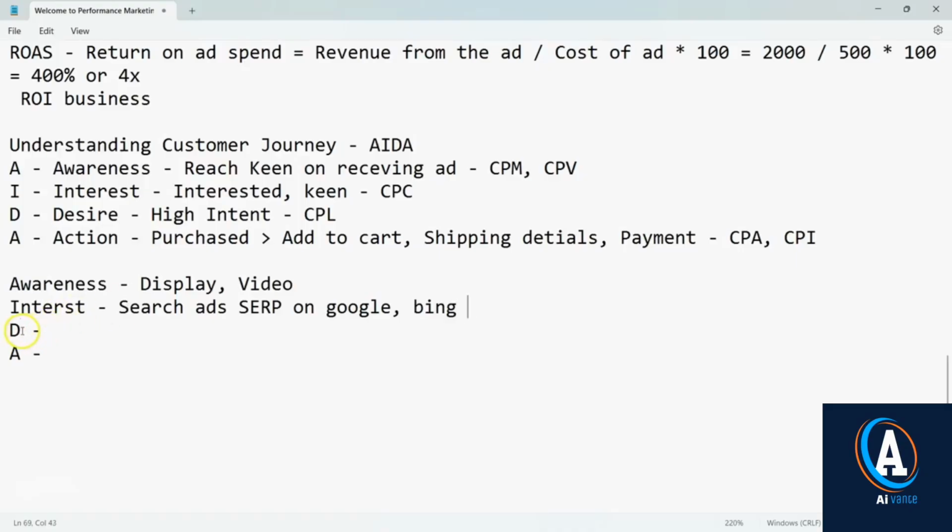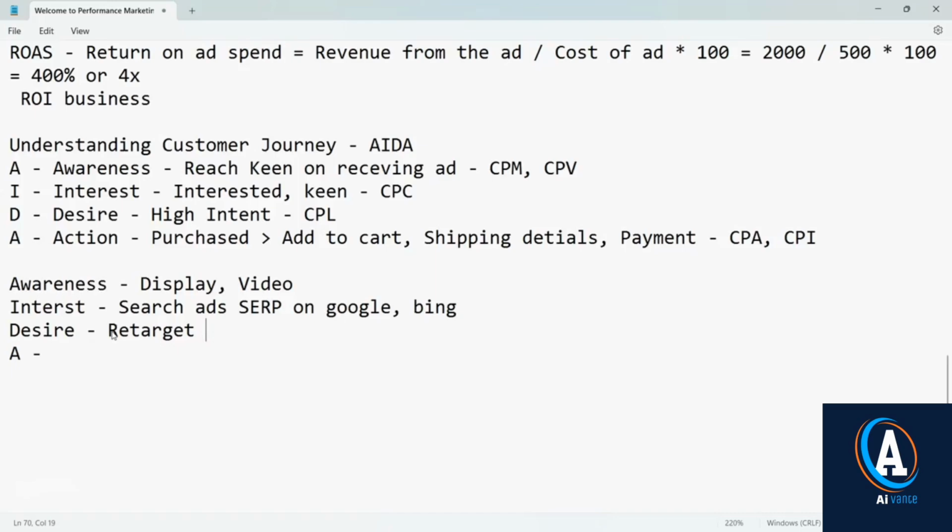Then comes desire. Desire could also mean retargeting in many forms. The example I gave earlier, where you have a keen interest in, say, a t-shirt, you add it to the cart or just leave it as it is, did not buy it.